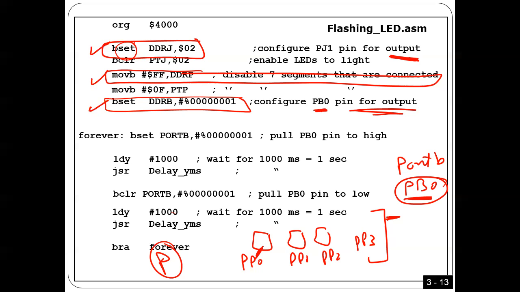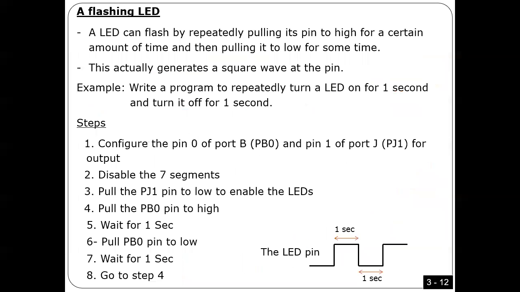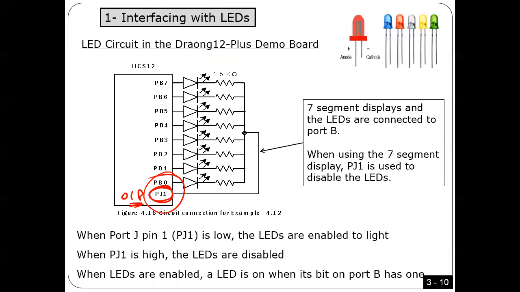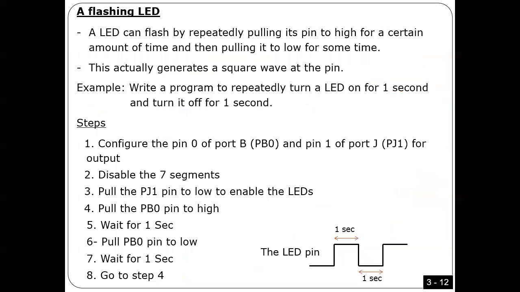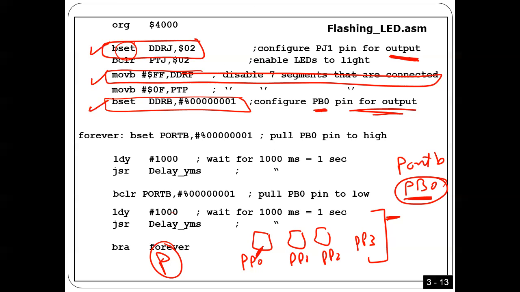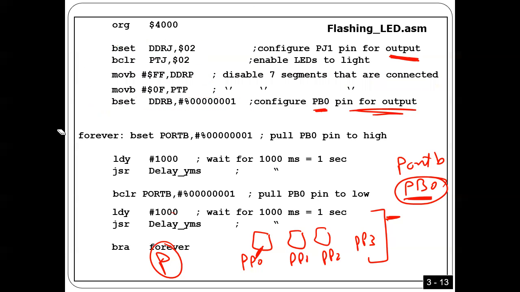Okay. One more thing. Now, as I told you, I have to enable the LED. So I have to write here 0. I have to disable the 7 segment. So that means PB0 to PB3, I have to put 1, 1, 1, 1, okay, to disable them. That's what I did here. So if you look here, I'm gonna enable the LEDs by writing 0.